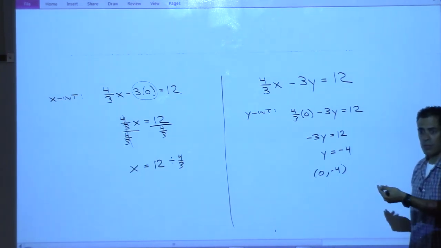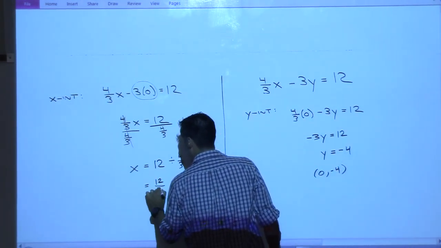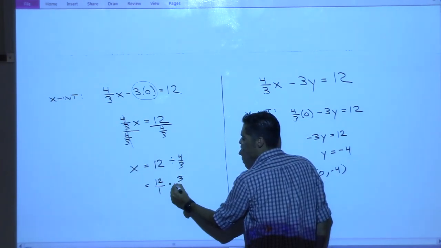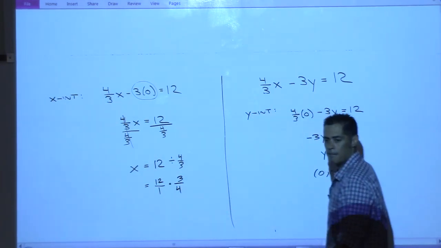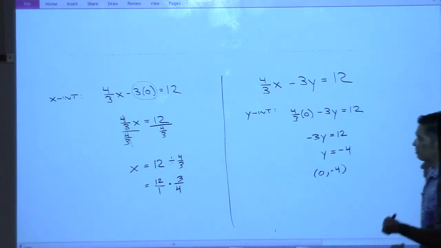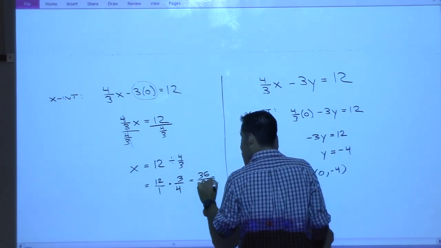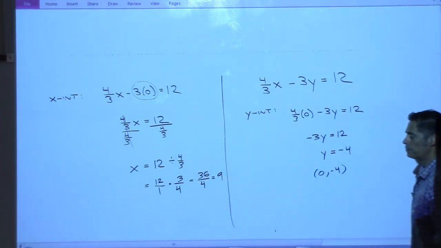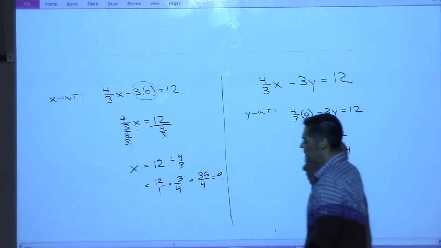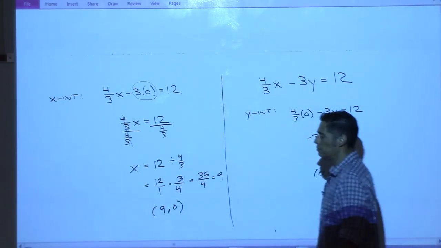To do division, rewrite 12 as 12 over 1, then flip it and make it multiplication: 3 over 4. Straight across, this is going to be 36 on top and 4 on the bottom. 36 divided by 4 is 9. So x is 9, and that means that our x-intercept is (9, 0).